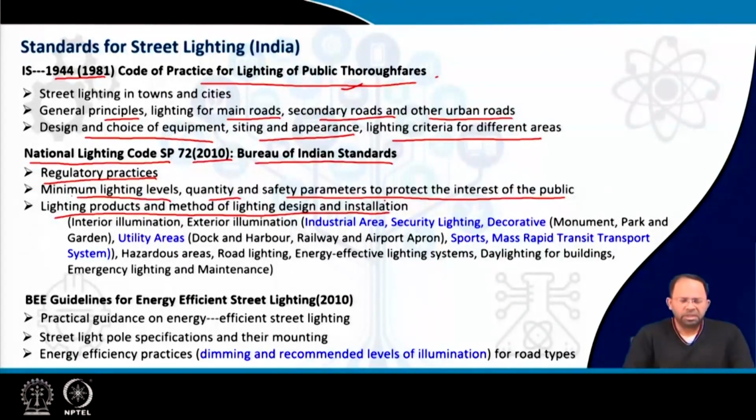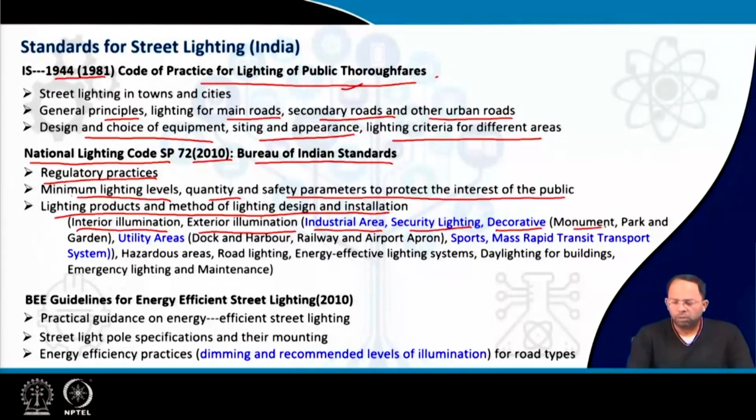And it covers different kinds of lighting. For example, it talks about interior illumination inside different kinds of buildings, and exterior illumination in urban areas. So you can understand, when you're designing lighting systems in an urban area, it's not only just for roads but also for other areas as well. For example, industrial areas, what sort of lighting should be given, security lighting, decorative lighting.